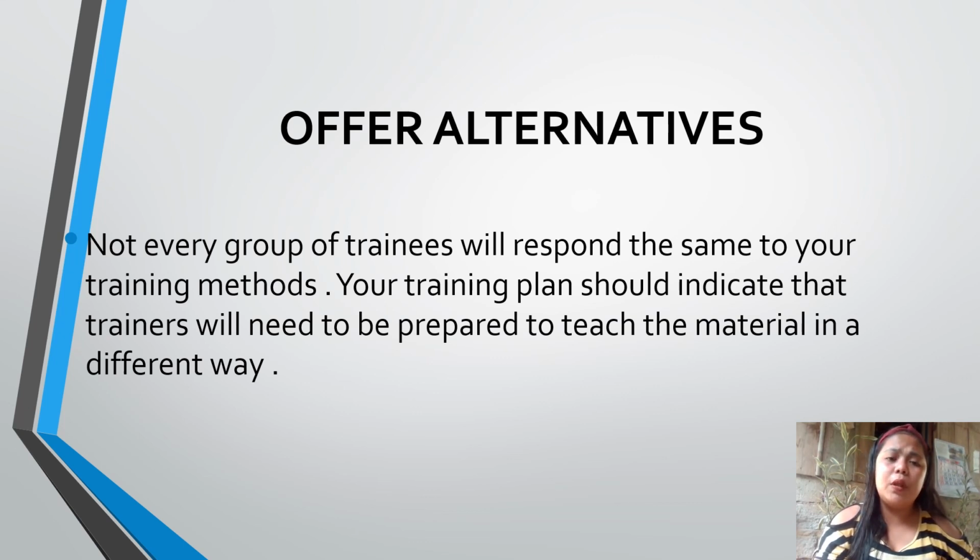So for example, some groups may be less talkative than others, so instead of a large group discussion or question and answer sessions, have the trainees work in pairs. So you should offer alternatives dun sa mga trainees na hindi komportable sa ideal na dapat na gagawin nila.